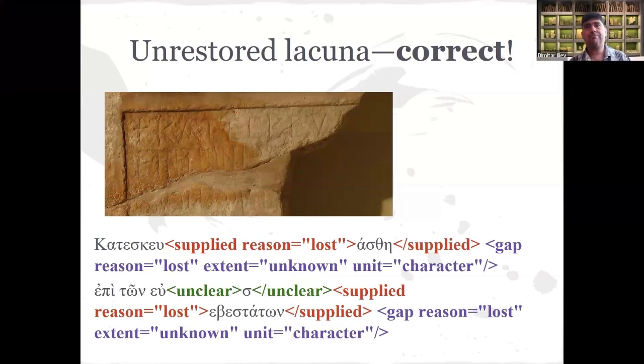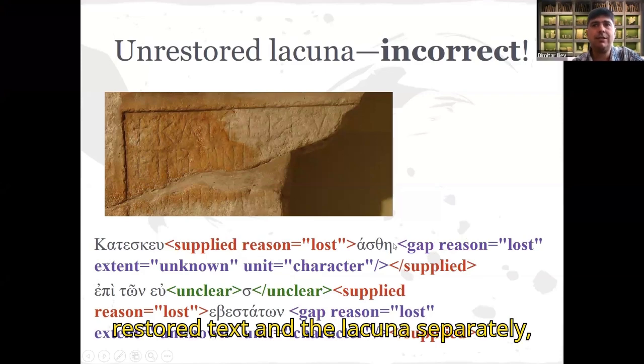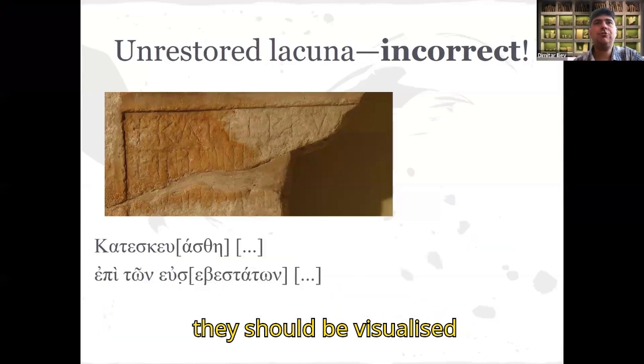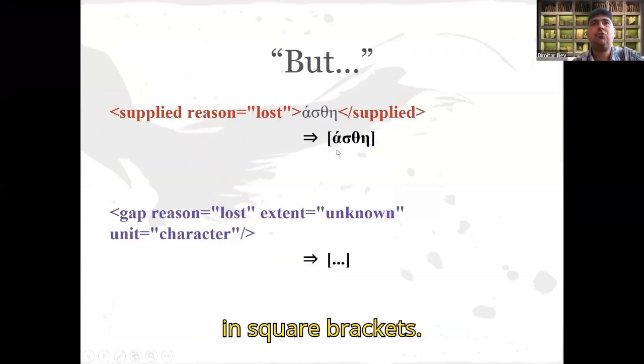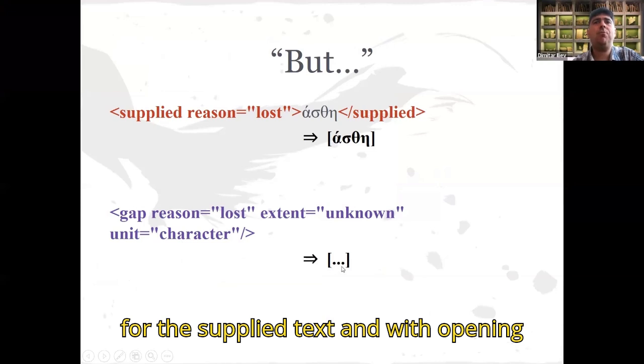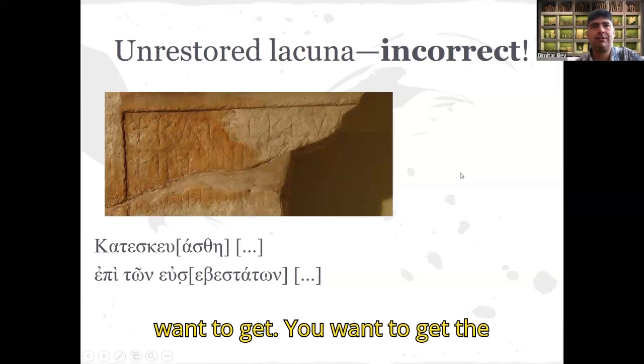If you have, in the visualization of EpiDoc, encoded the restored text and the lacuna separately, they should be visualized in square brackets, with opening and closing square bracket for the supplied text and with opening and closing square bracket for the lacuna. But this is not what you want to get.